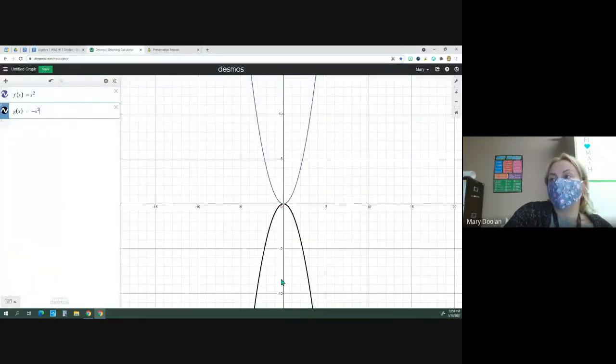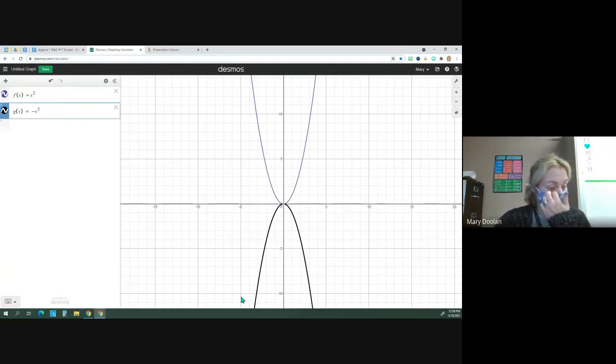Well, they open different directions. So f of x opens upwards. Negative x squared, g of x, opens downwards. 0 is the minimum for f of x, whereas 0 is the maximum for g of x.